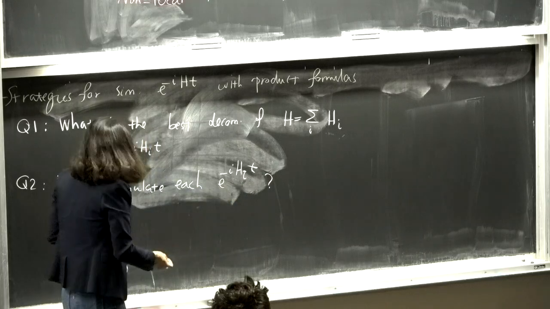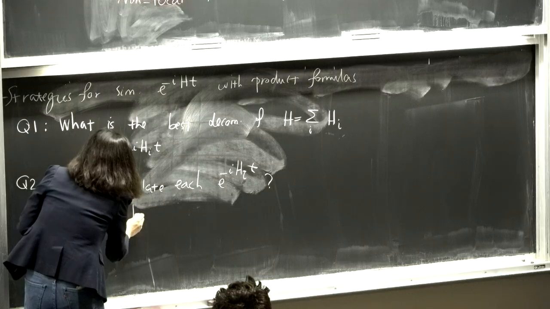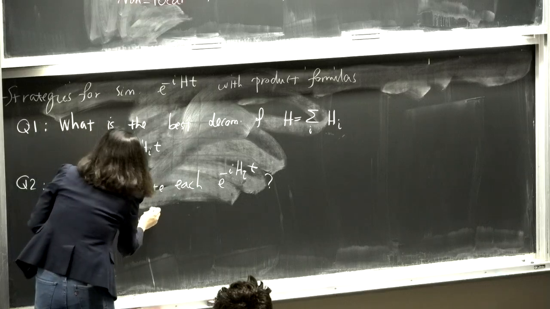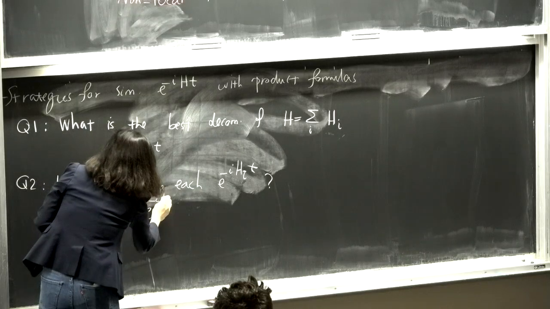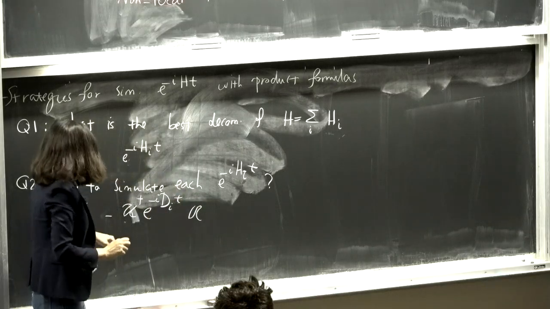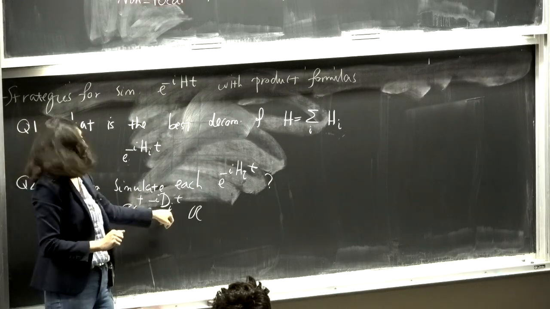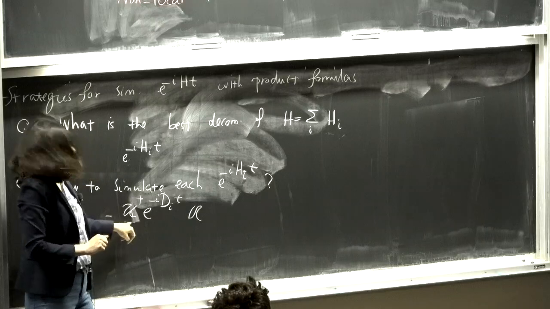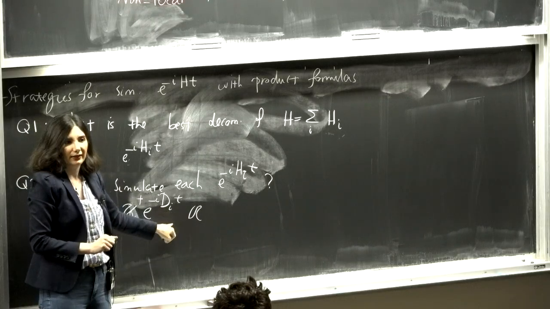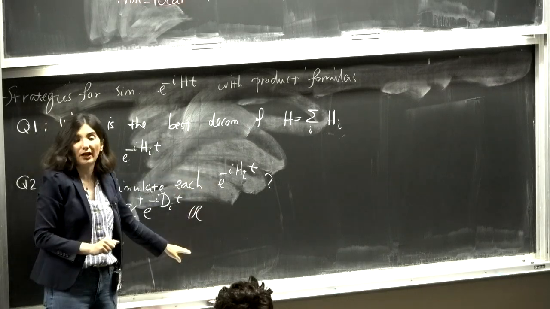So a good strategy is to first diagonalize that operator by finding some unitary operator U. Let's write it like this, and then turn that operator into U e to the minus i some diagonal D t U dagger. As long as we know what these unitaries are that would diagonalize each of these terms, and we have an efficient quantum circuit for them, as well as we know how to implement this diagonal operator, then we're done. And if this is already diagonal, you don't have to do this step.